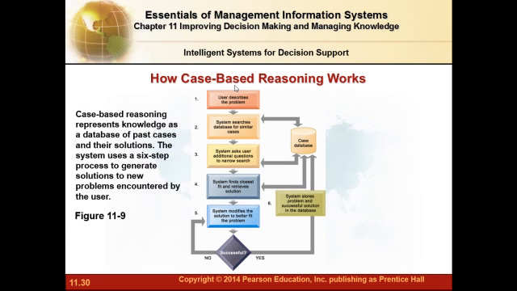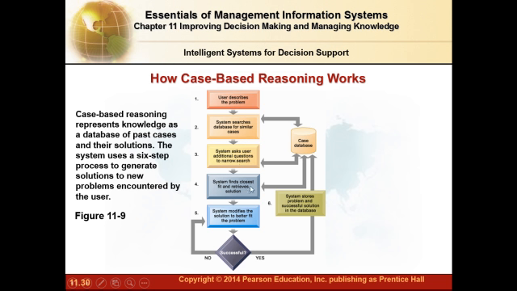This graphic demonstrates the six main steps in case-based reasoning. The first one, the user describes the problem. Second, the system searches the database for similar cases. Third, the system asks the user additional questions to narrow the search.